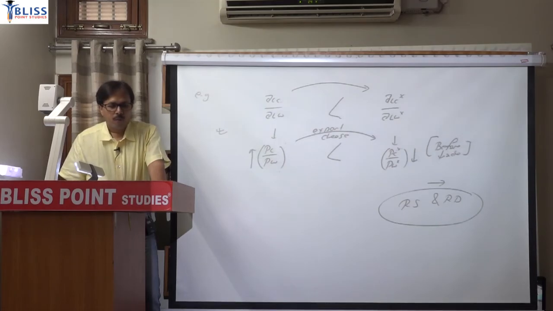Underline that. I repeat, a country will specialize in that line of production in which relative price will be greater than the opportunity cost of producing that good.